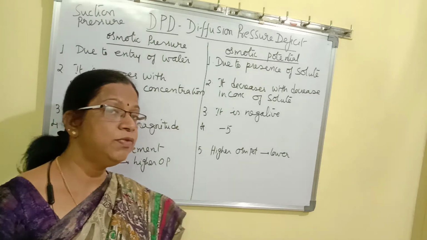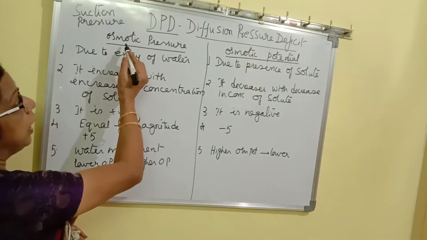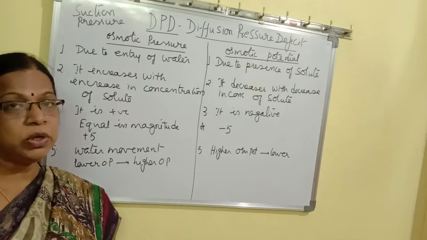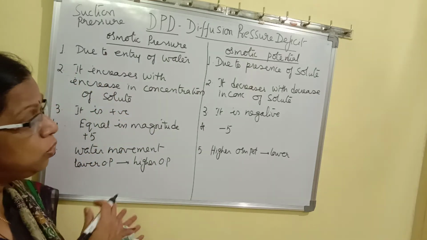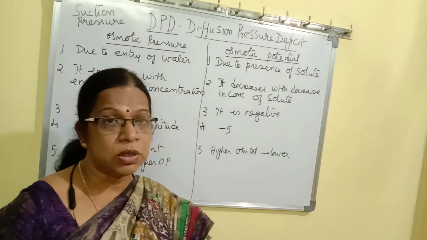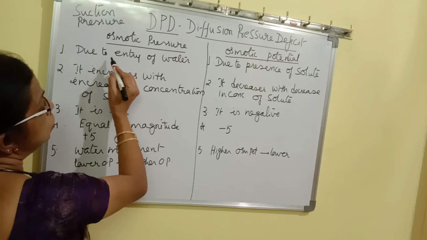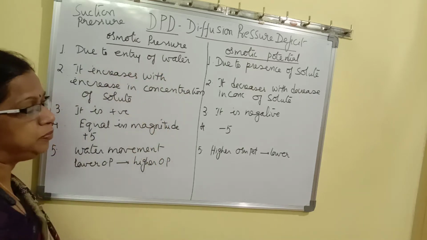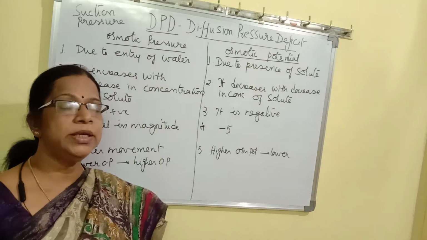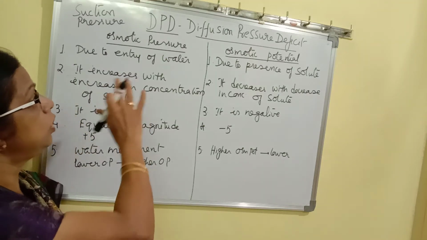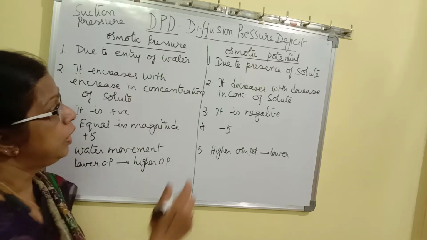Let us understand what osmotic pressure and osmotic potential are. In a solution, how do you differentiate these two? Osmotic pressure is due to the entry of water. When water enters any system, the pressure which is developed is called osmotic pressure.